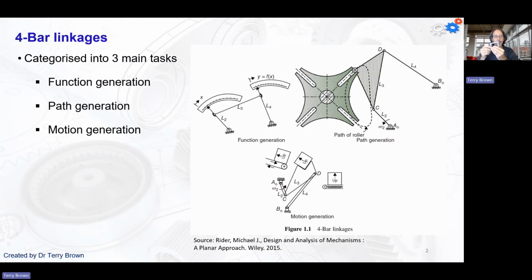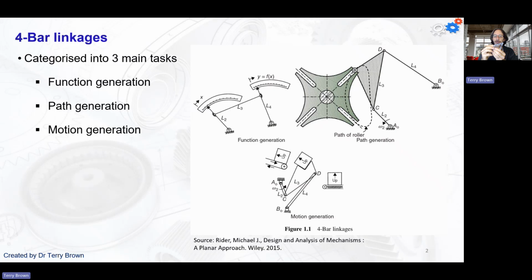All right, so with respect to 4-bar linkages like this, we have 3 main categories. Firstly is function generation. So we might have an input like I've got here from my right hand, and then we've got some kind of desired output on the other side.